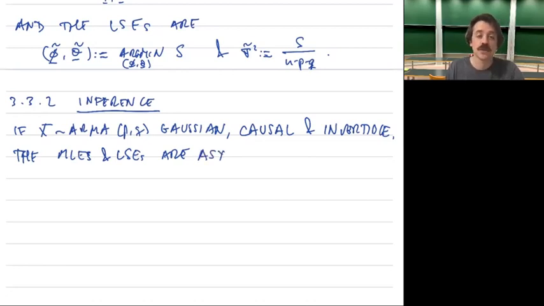So we have the asymptotic normality of the MLE, as you would expect, because this model is regular. So they're asymptotically normal, and they are efficient.